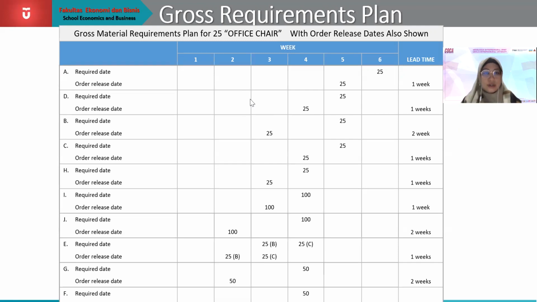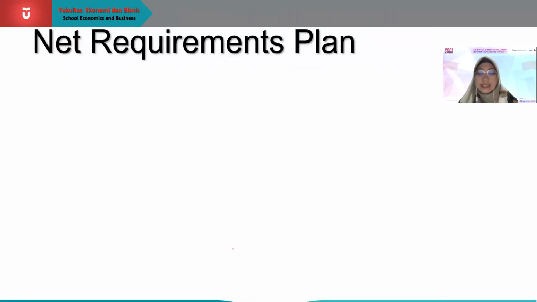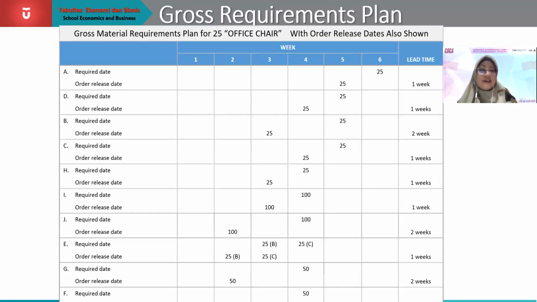And then the other step to check whether this calculation is correct is by using this gross requirement. If the latest component is in here in week one, it means maybe you have done this technique in the right way. But if these latest components are in here and there is no number in here, it means that something is wrong with the way you solved this problem.